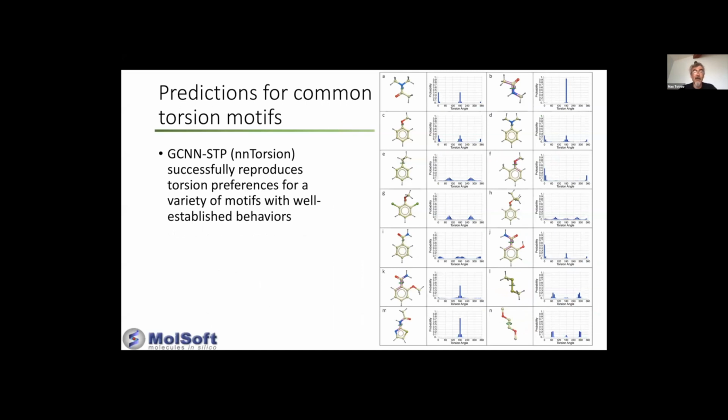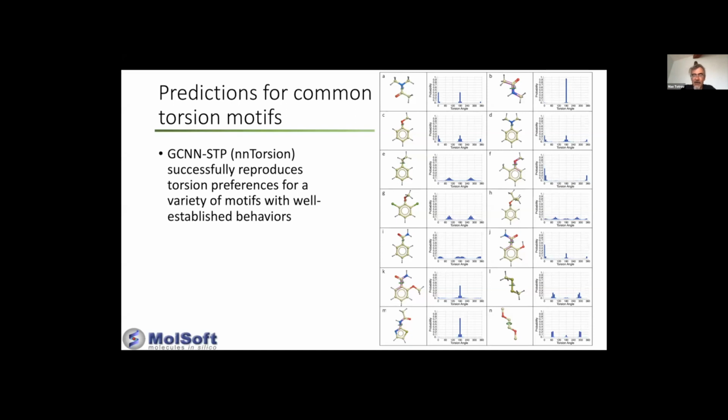Once we had trained the model, we first explored whether it reproduces textbook cases. In this table, there is a number of different structures. At the top are cases that you could just guess from things like hybridization, and it does reproduce the flatness of, let's say, amides and other similar molecules.